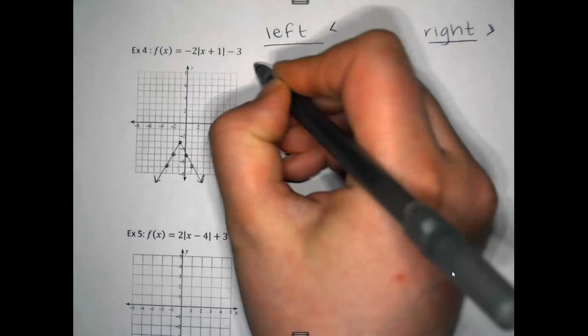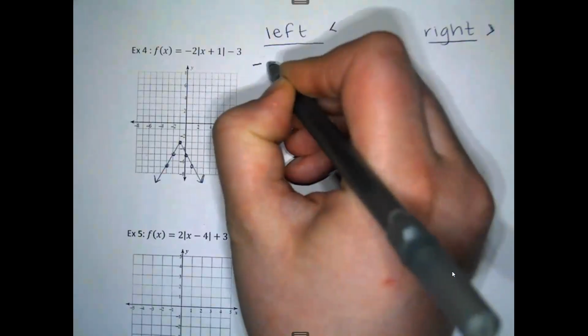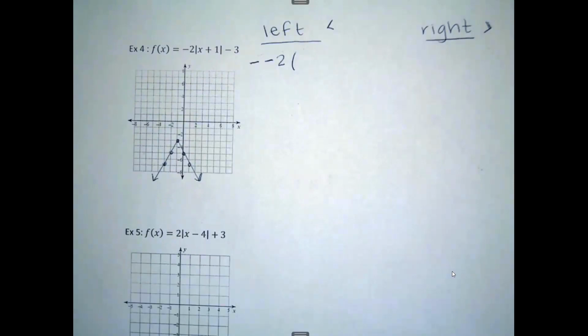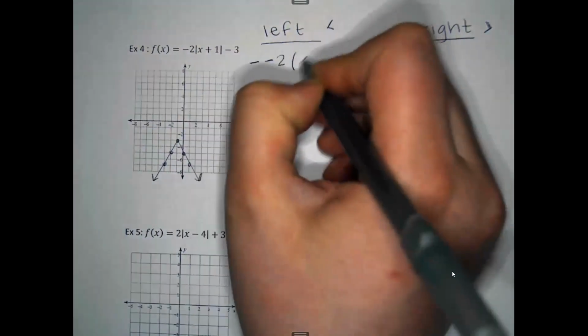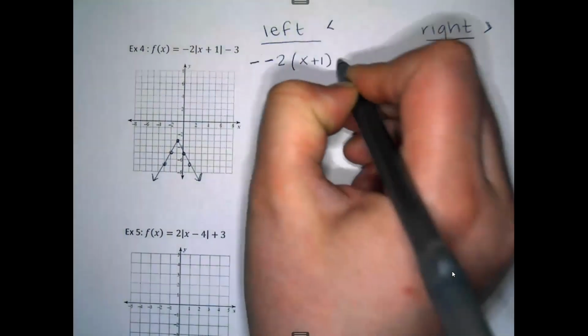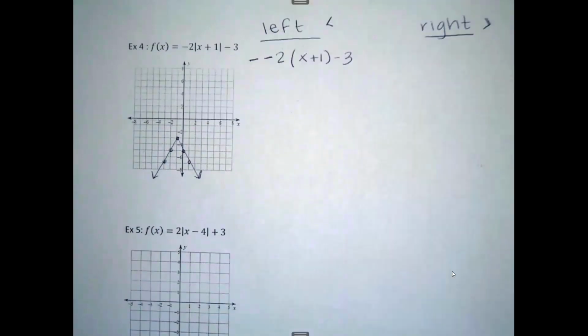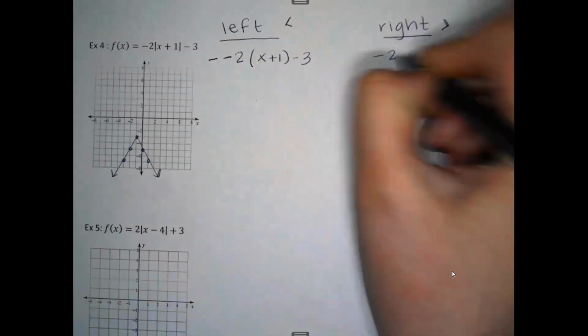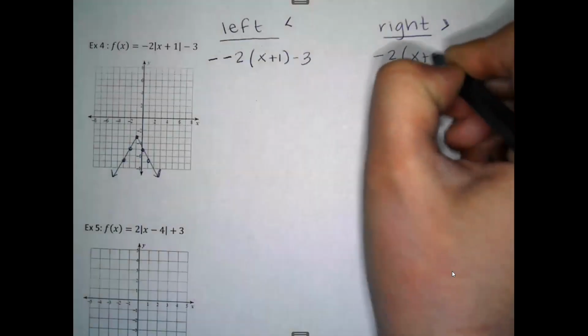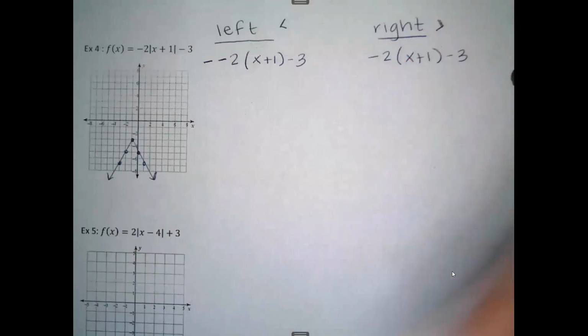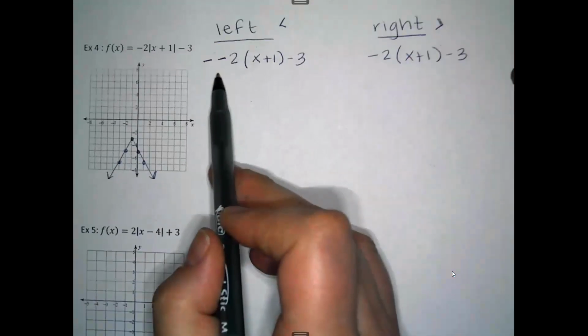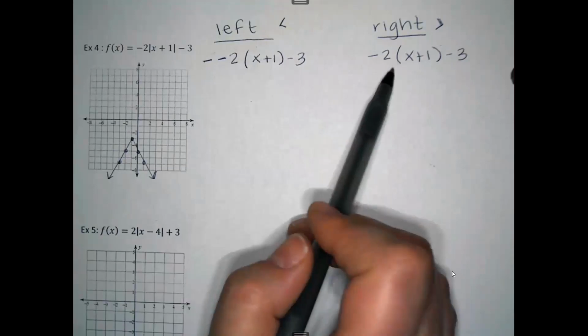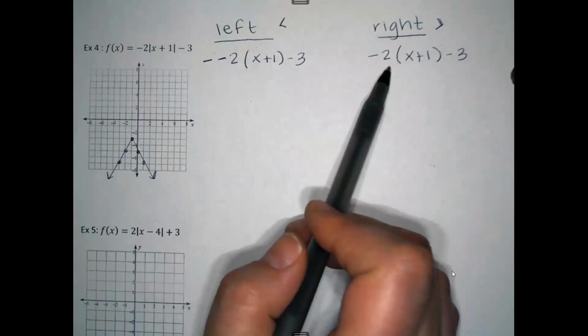So I'm going to put the negative version of -2, and then x plus 1 minus 3. For the right side, I do the regular version. So -2, x plus 1 minus 3. Negative version for the left side, regular version for the right side.